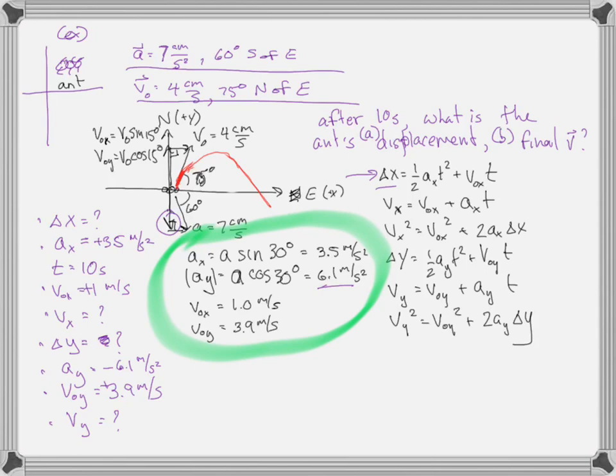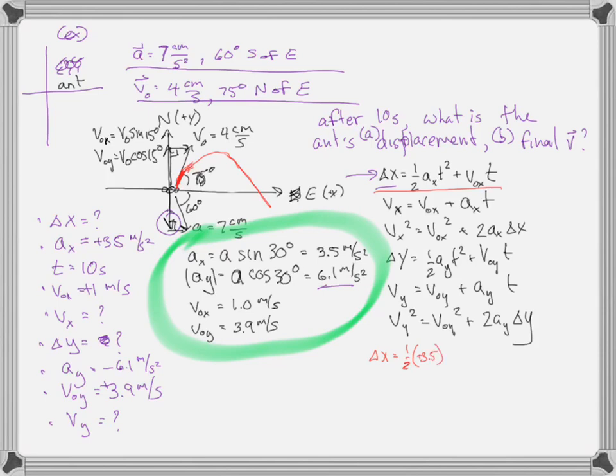I'm going to start plugging in on this page, even though it's a little messy. You should not squish it up as much as this. You should give yourself plenty of space and be very clear. But just so you can see where I'm coming from, I'm going to start with this equation and start plugging in. Delta x is equal to 1/2 a sub x. I'm going to leave off units just for speed, but you should not make a habit of leaving off units.